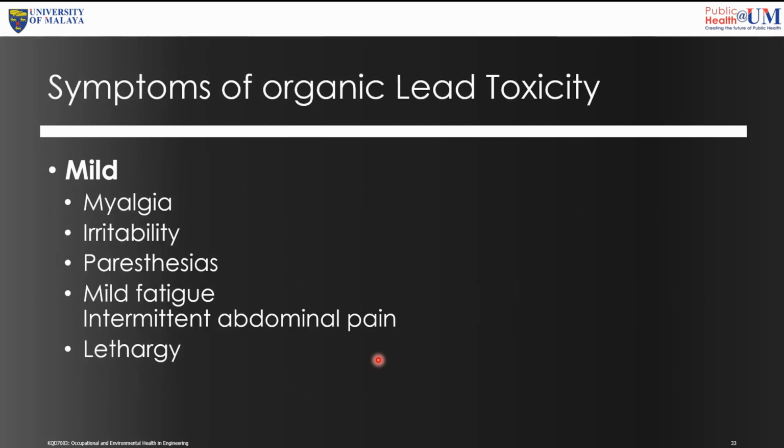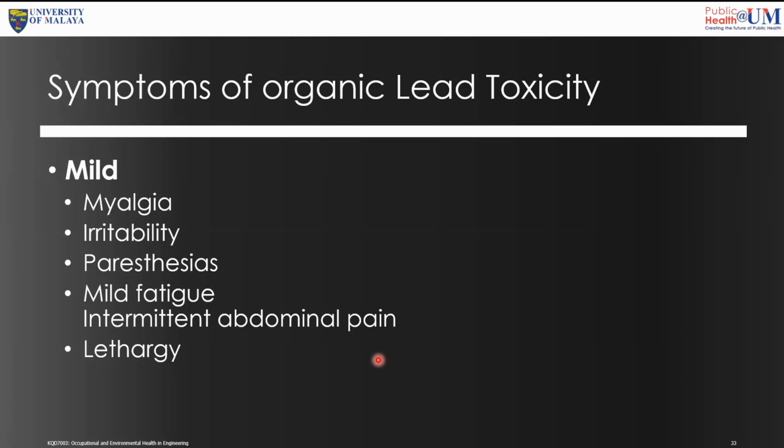So symptoms of organic lead: if you have mild exposure, you have myalgia. Myalgia is basically muscle weakness, irritability, paresthesia, which is a loss of sensation, and mild fatigue. Fatigue is basically feeling tired.